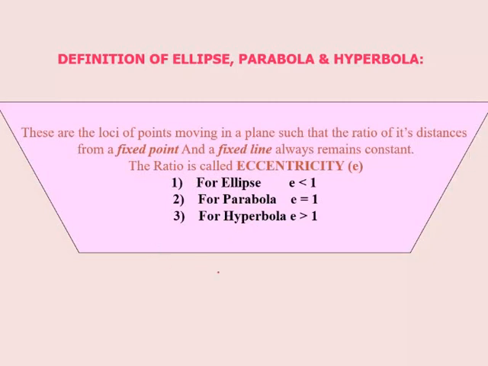What is the eccentricity of a circle? Zero. Yes, it's clearly zero.